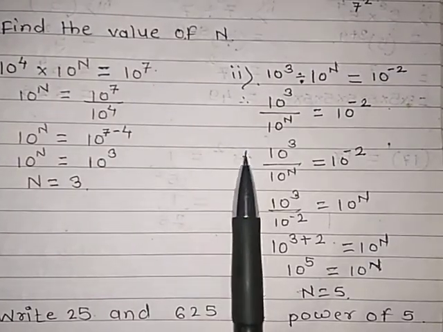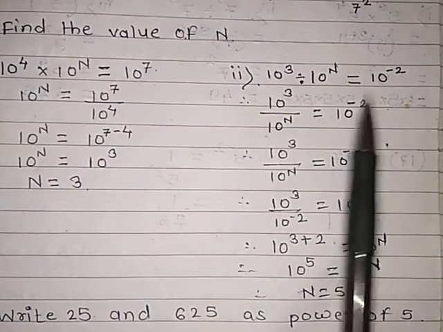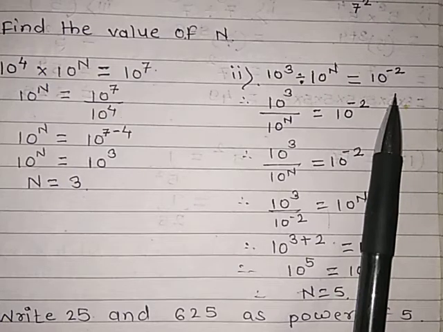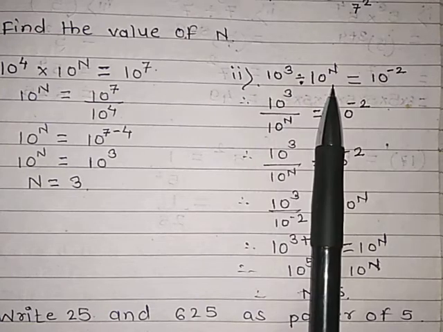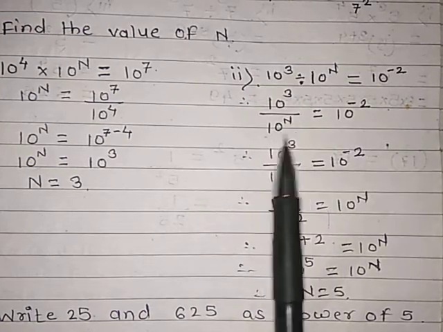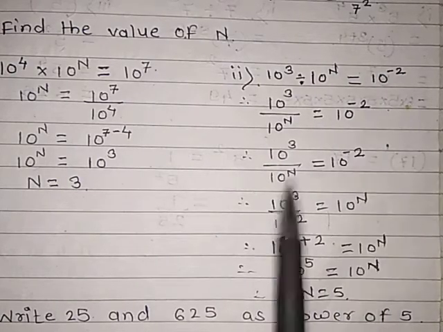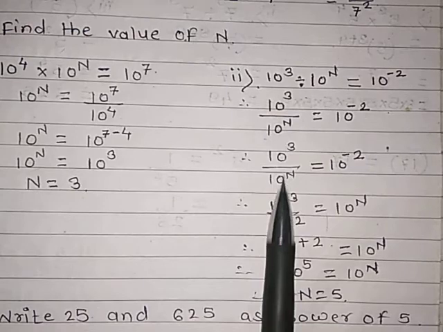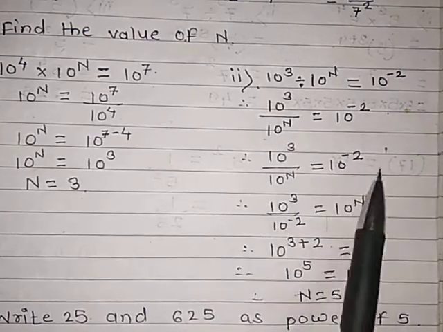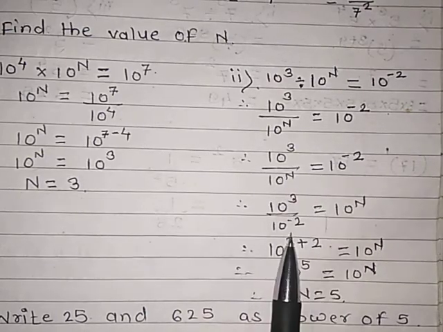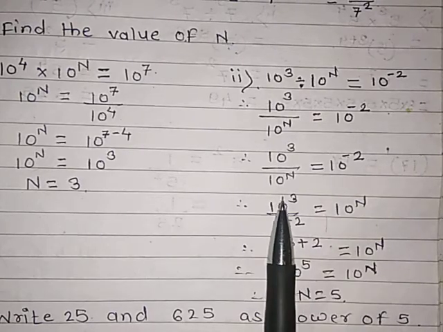Now see here, we have 10 cube divided by 10 raised to n equals 10 raised to minus 2. A division sign is there in between 10 raised to 3 and 10 raised to n. Now we can shift these terms, so 10 cube divided by 10 raised to minus 2 equals 10 raised to n.